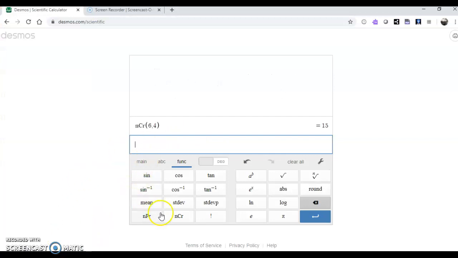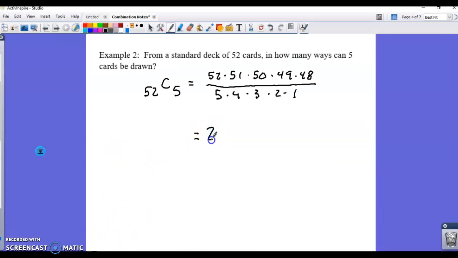So if I use Desmos, choose 52, comma 5, and it is 2,598,960. Do that right?